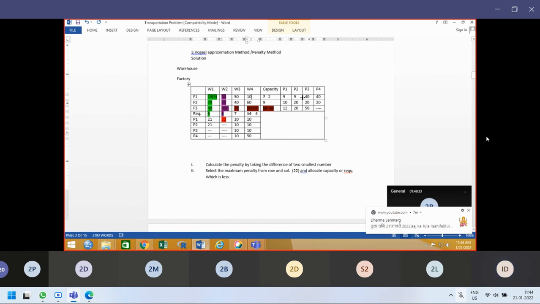So here I can allocate. How much can I allocate now? This is 2 remaining, and this is 4 remaining. So 2 I can allocate. This 2 is already over, meaning completely block.